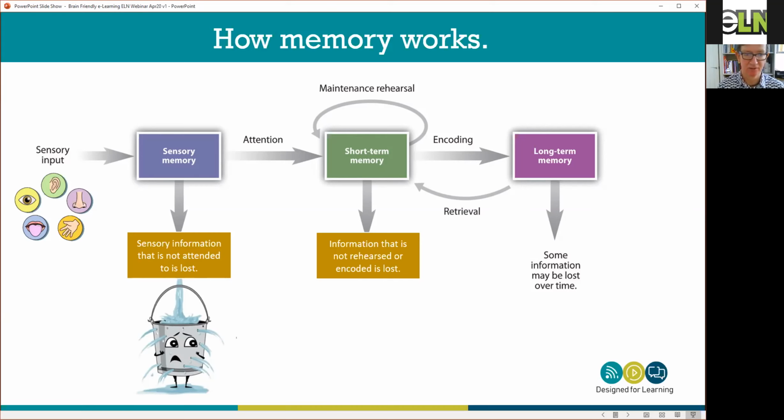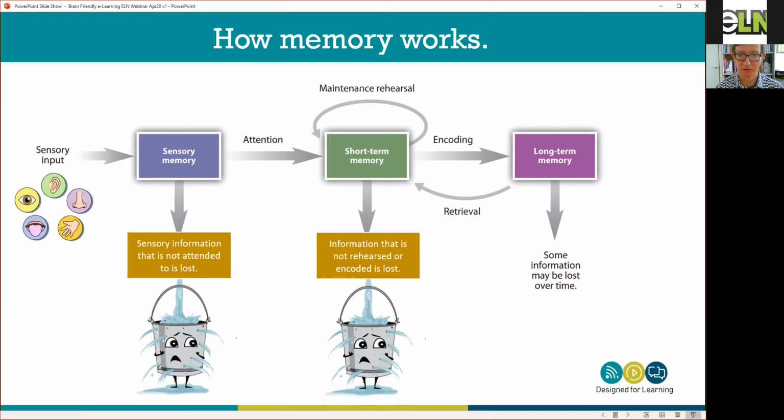We can do lots of different things to help us to remember it. Short-term memory lasts a bit longer than sensory memory, but even then, most of what goes into our sensory memory is ultimately lost. Then the only thing that goes into long-term memory is something we've actually encoded.